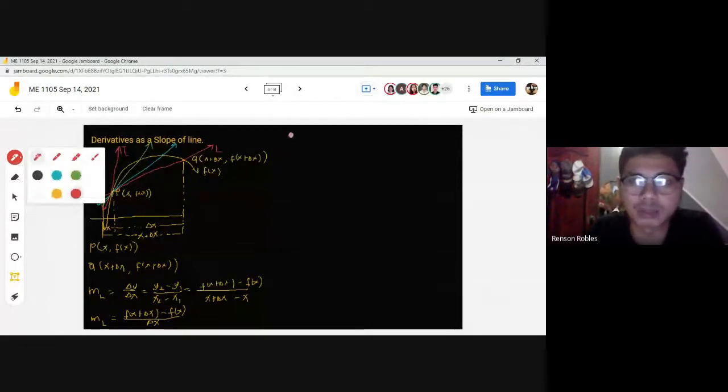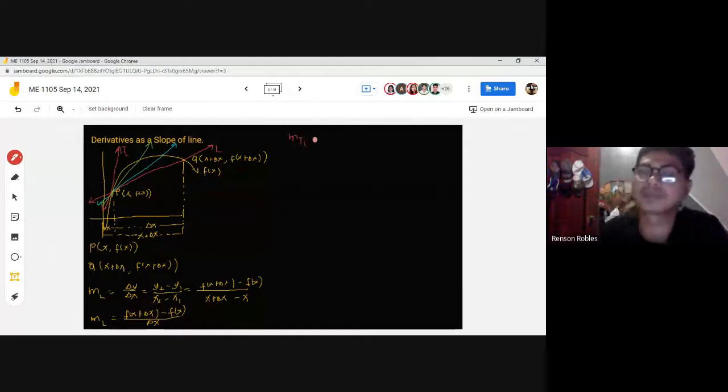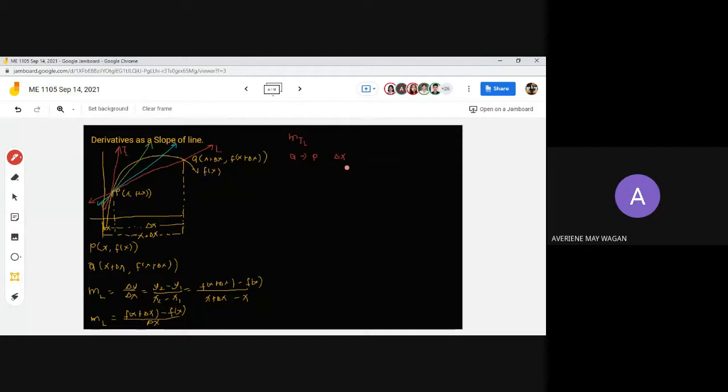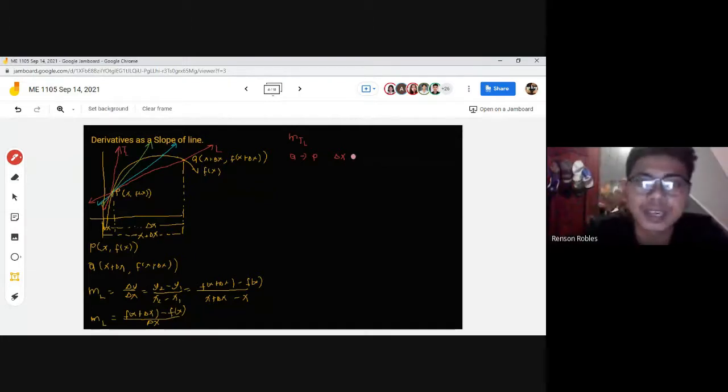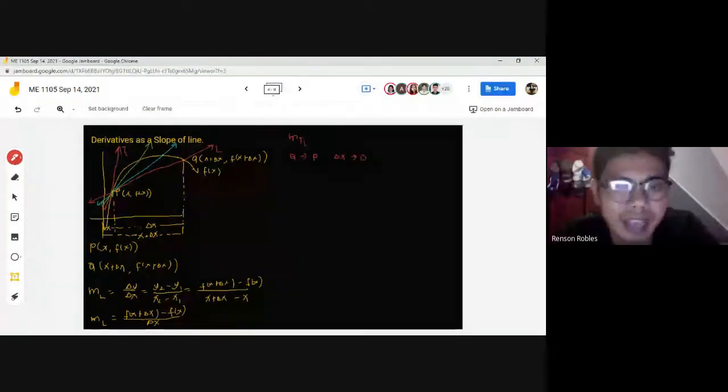Come to think of it, as point Q gets closer and closer to P, what do you think happens to your delta x? It approaches 0. It gets decreasing, and it approaches 0. So the time point Q coincides with point P, your delta x is equal to 0, and it will now become a tangent line.